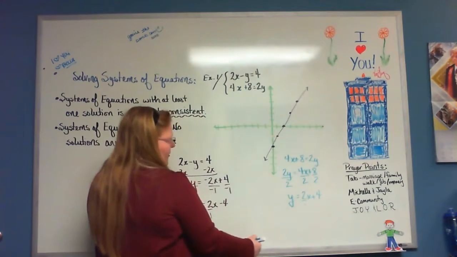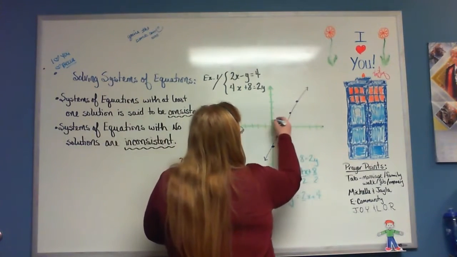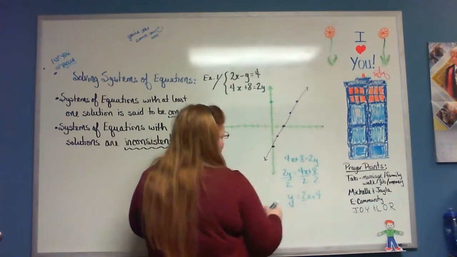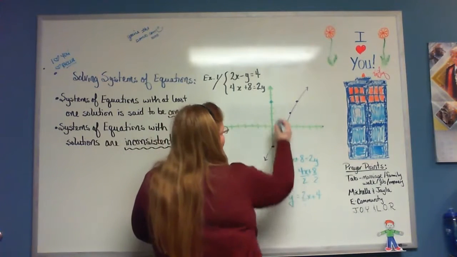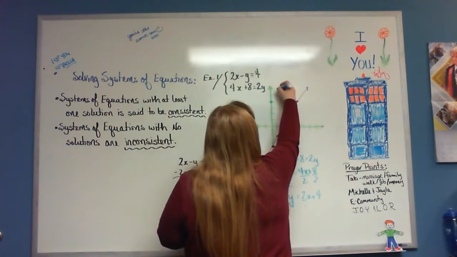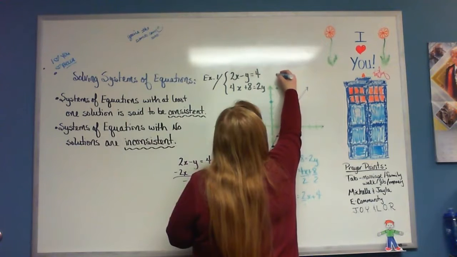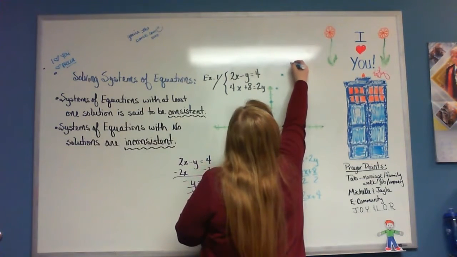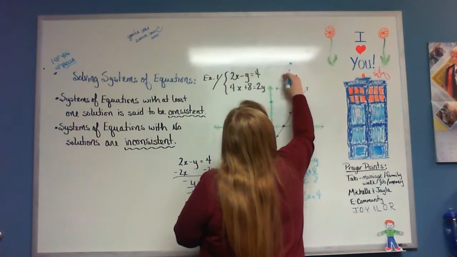So that means I have to start at positive 4. 2, 3, 4. Put my dot. And then from there I go up 2 and over 1. Up 2 and over 1. Up 2 and over 1.